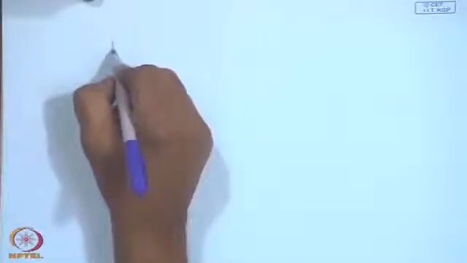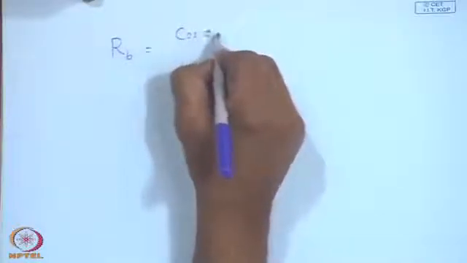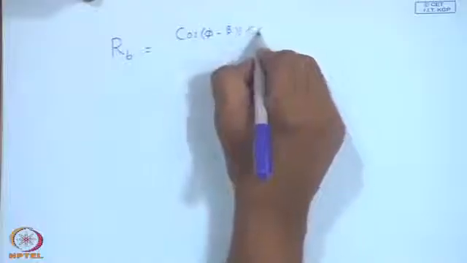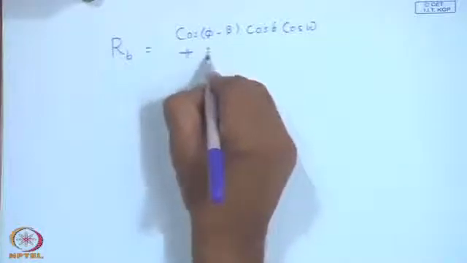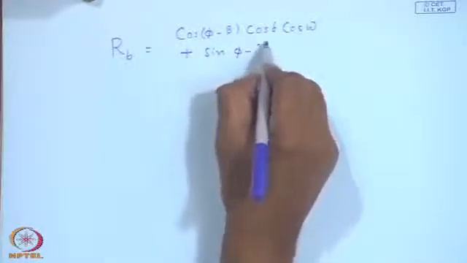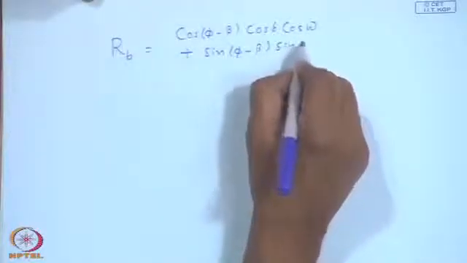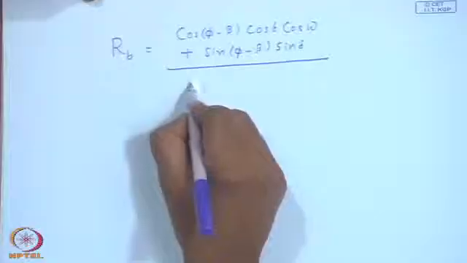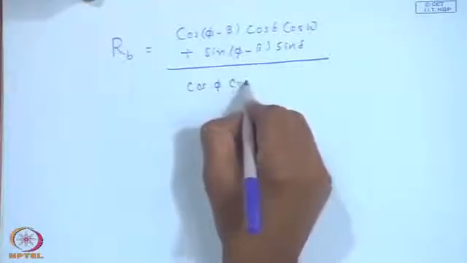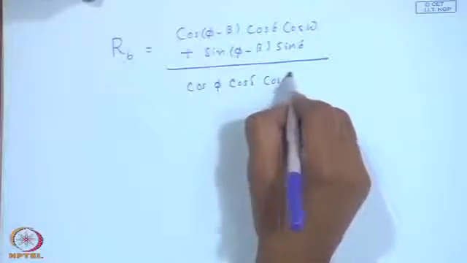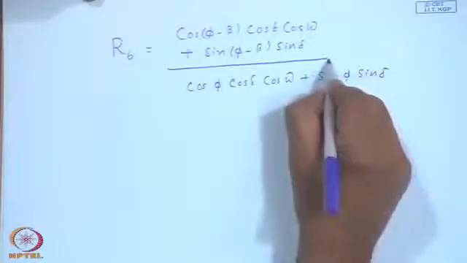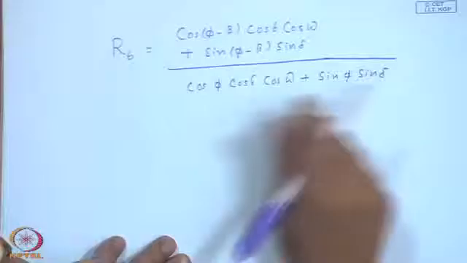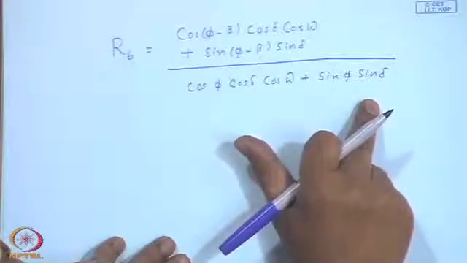So, now my R B can be written as... An easy way of remembering is: this is cos theta z, which will not depend upon gamma.